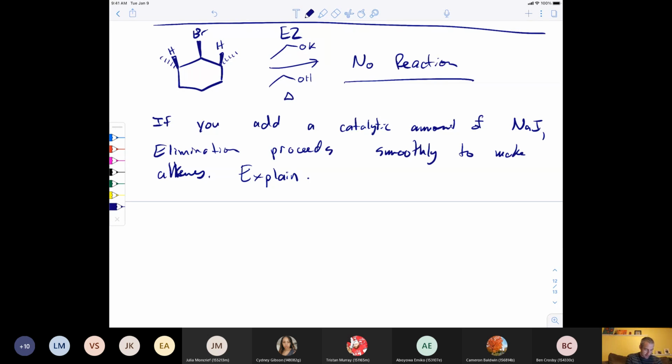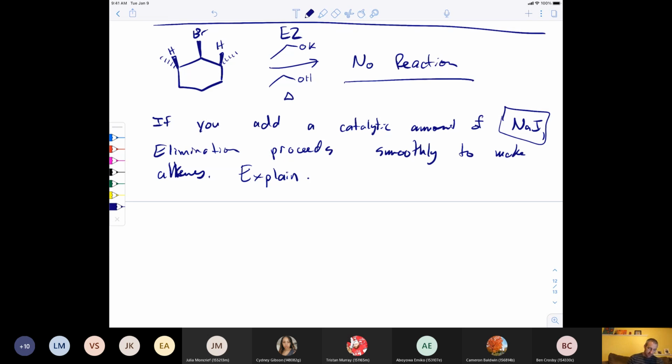So because they can never be anticoplanar, you can't get E2 because it's on a cyclohexane ring. You have hindered rotation. It can't rotate to get into the right conformation. So the first part you can explain based on other similar questions that we've seen so far today. Sodium iodide part's the tricky part though.